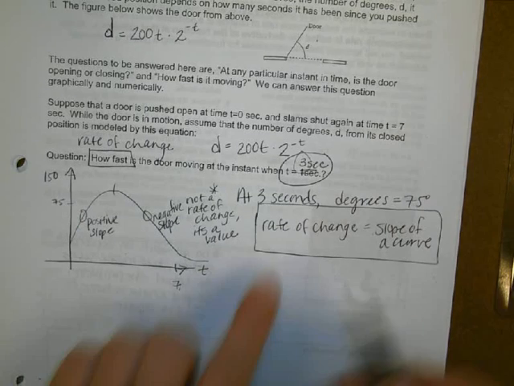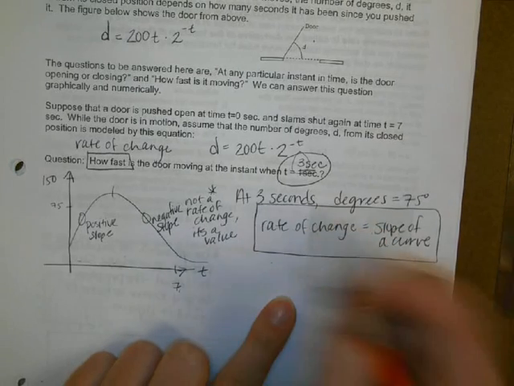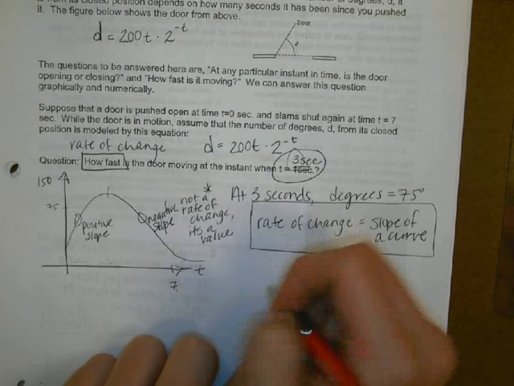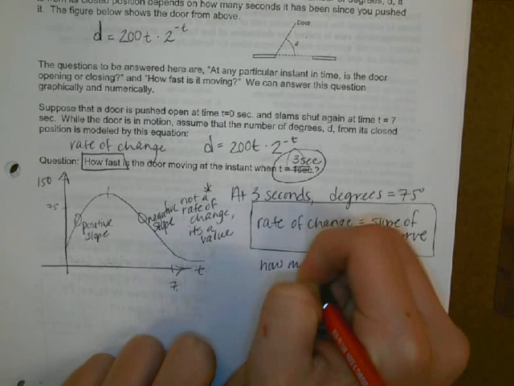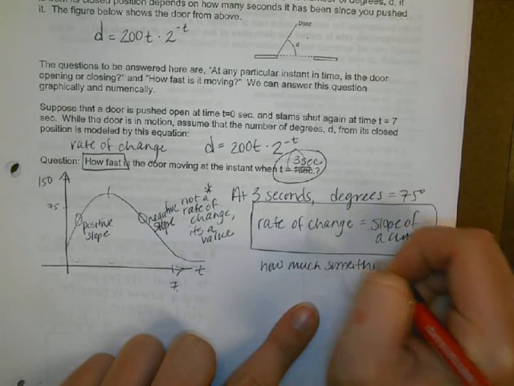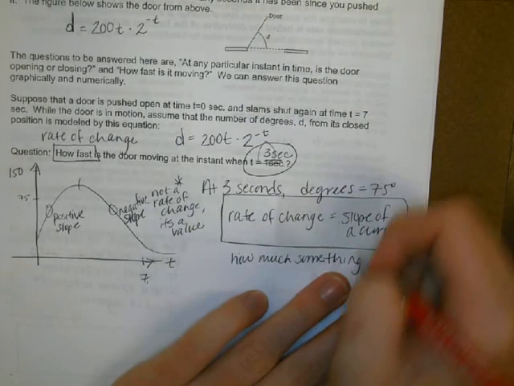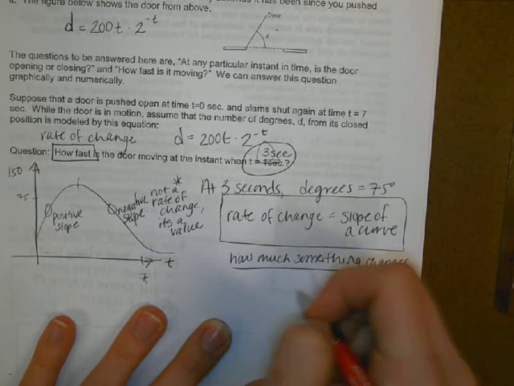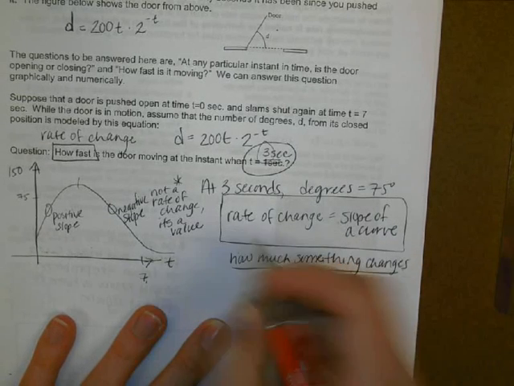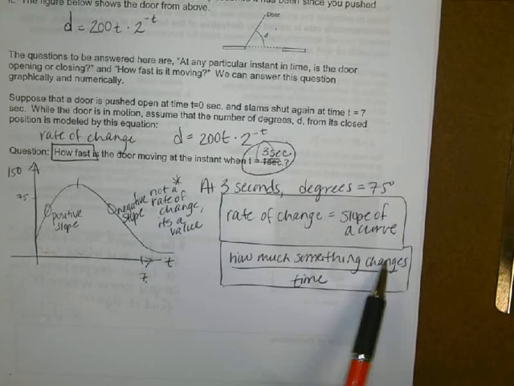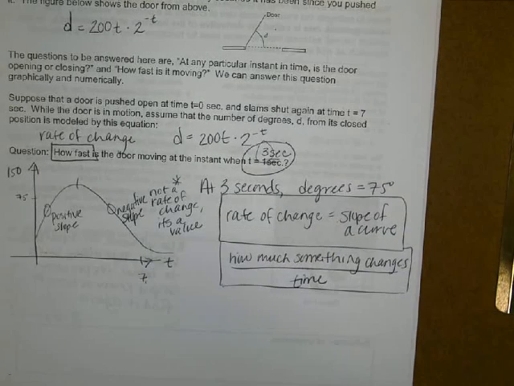So when you talk about rate of change, in this case we're going to think about it as the slope of a curve, but in general rate of change is basically how much something changes over time. So like if you're talking about miles per hour, that's how the miles change over some unit of time.